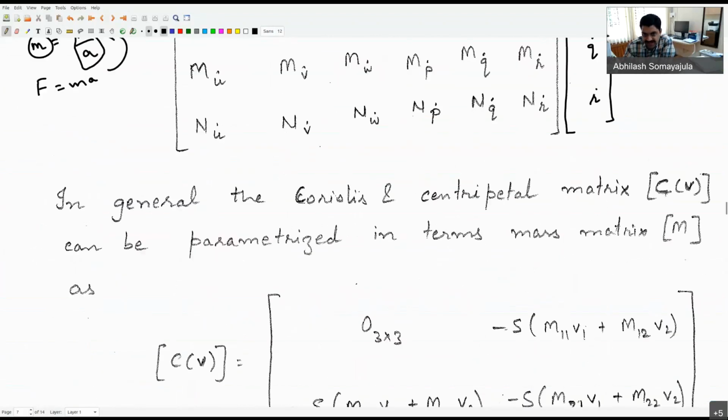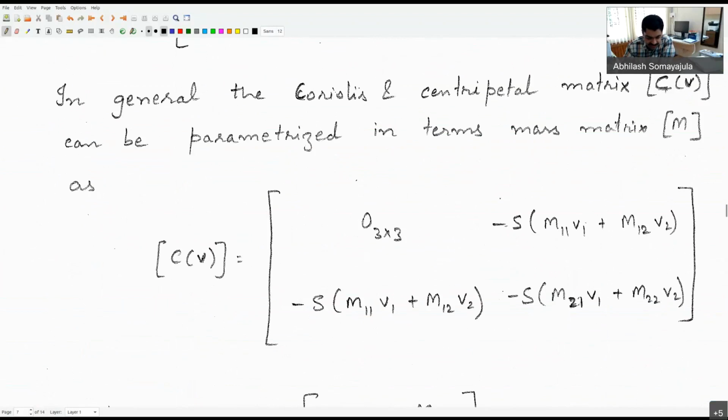Okay, and the idea is pretty simple. We will derive something based on our knowledge from the rigid body mass matrix. We saw that the Coriolis matrix can be parametrized in terms of the mass matrix in multiple ways in the last classes. You remember there were 4 different representations which we were looking at, right?